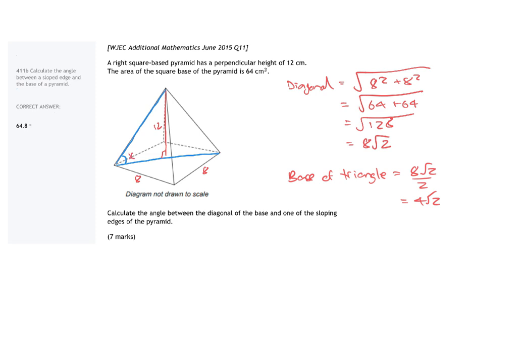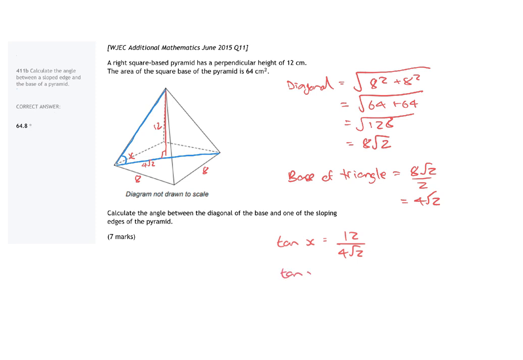So if I have 4 root 2 here and 12 going up, I've got the opposite and the adjacent, which is tan. So I can say that tan of x is the opposite, which is 12, over the adjacent, which is 4 root 2. Let's just tidy that up before I do anything else.